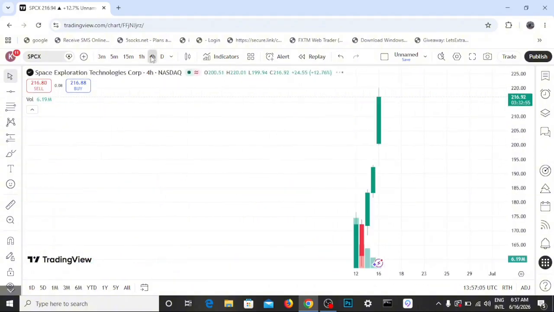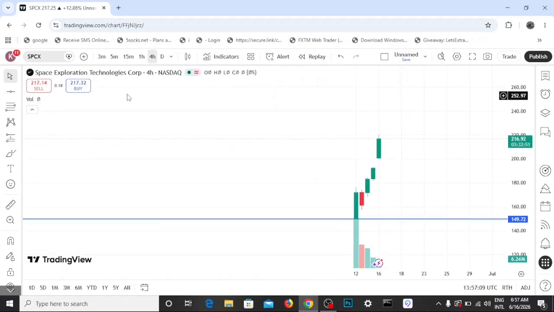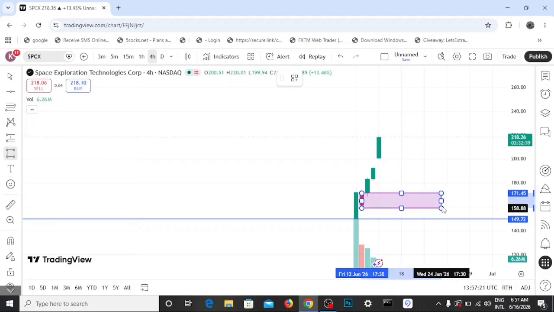Right now, if I go back to the 4 hour time frame, we can just mark this point right here as a zone of supply.